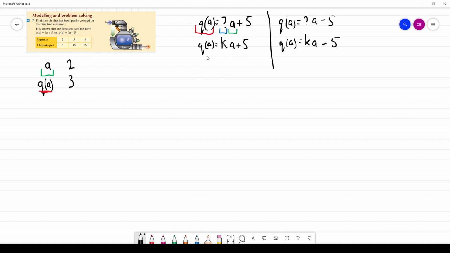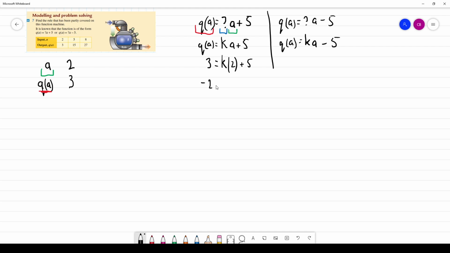So let's begin with our first set of data, 2 and 3. So Q(a) equals 3, leaving k there, and a is 2. Whenever you're substituting in, it's really nice to keep brackets there. Helps you keep track of any negatives. We can rearrange for k now and see if this works. So I want to take away my 5.